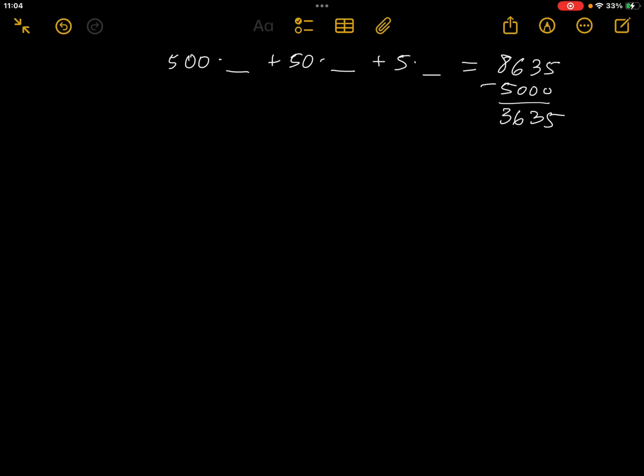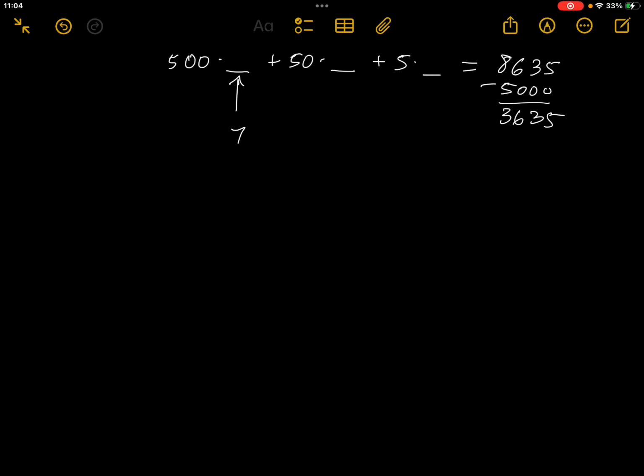Now I want to figure out what number goes in this blank. Well, that's going to be 7, because 500 times 7 is 3,500. That's less than 3,635, but it can't be 8 because that would be 4,000, which is too much. So that number is 7.